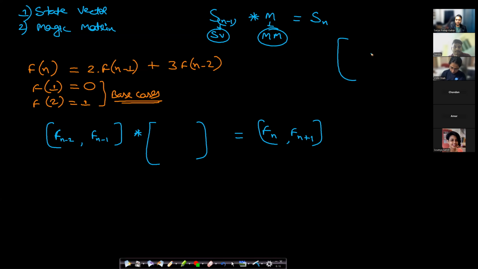But let's see the state vector. The state vector in the column format will be simply f of n minus 1 and f of n minus 2. So in the RHS, whatever the unique terms are, you just take them. These constant multipliers will be ignored. What if you had 5 times n? Then what would you do?